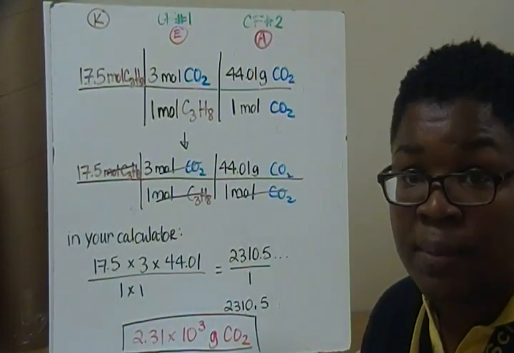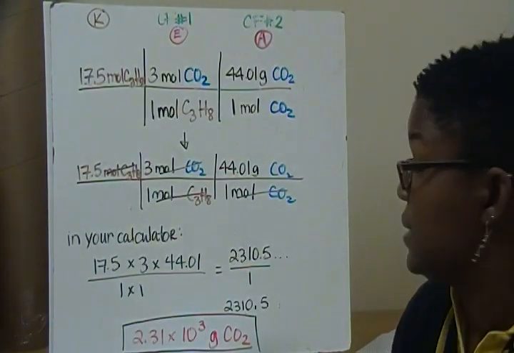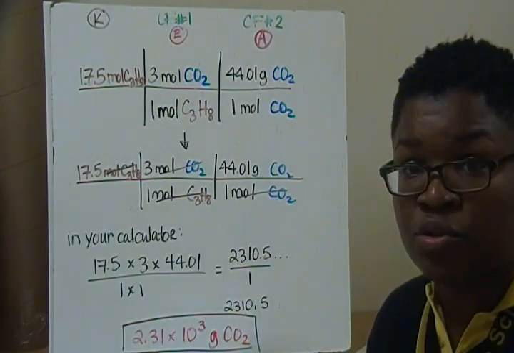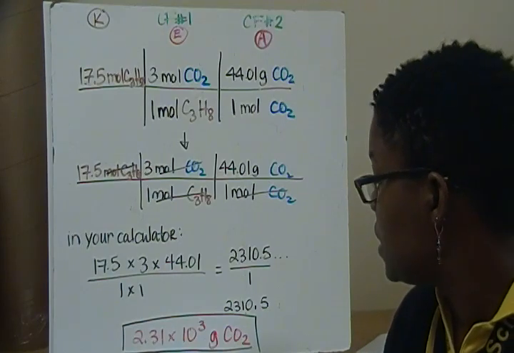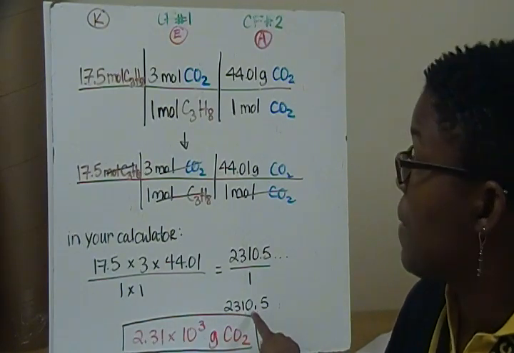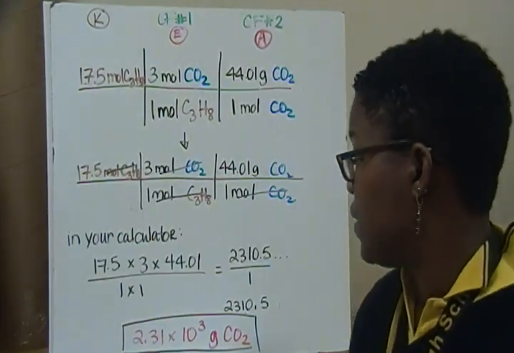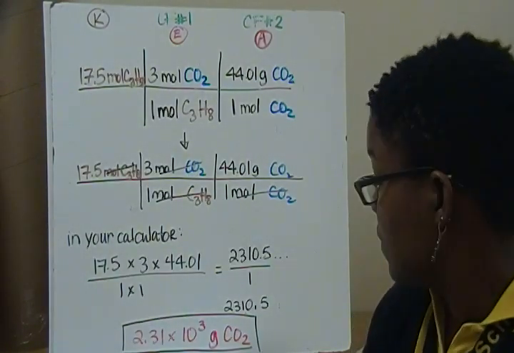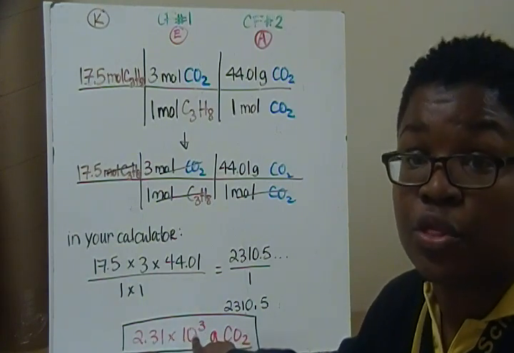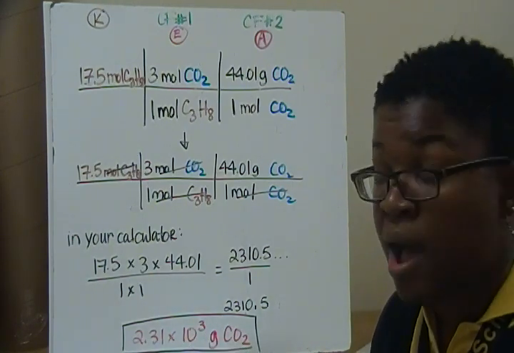That's where the math is coming from. Now, in this case, the number across the bottom happens to be 1. Sometimes it won't be, so you can't just assume that it will be. That gives us 2,310.5. If we look back at our original problem, we had 3 significant figures, so our final answer needs to have 3 significant figures, and that gives us 2.31 times 10 to the 3rd grams of carbon dioxide.